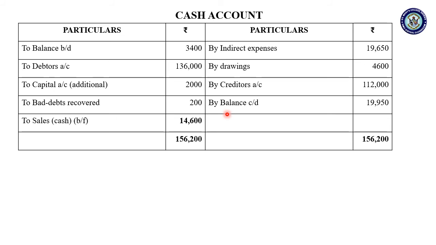Why is credit sale required? Because credit sale is recorded, it is a transaction relating to debtors. Okay, I repeat. First, when the closing balance is given and the opening balance is not given, I am talking about the debtors account, in that case the balancing figure will be the opening balance.